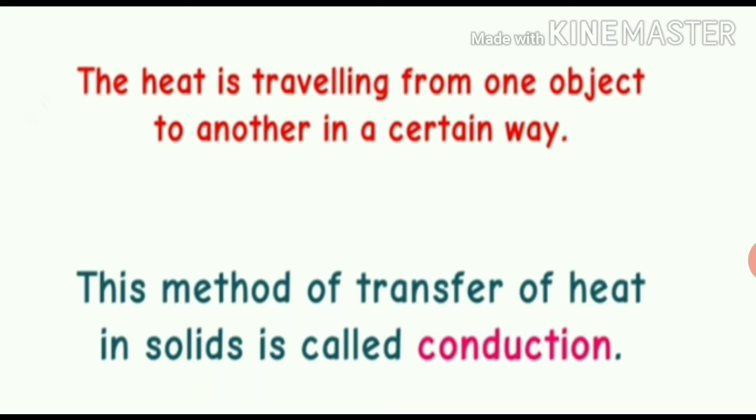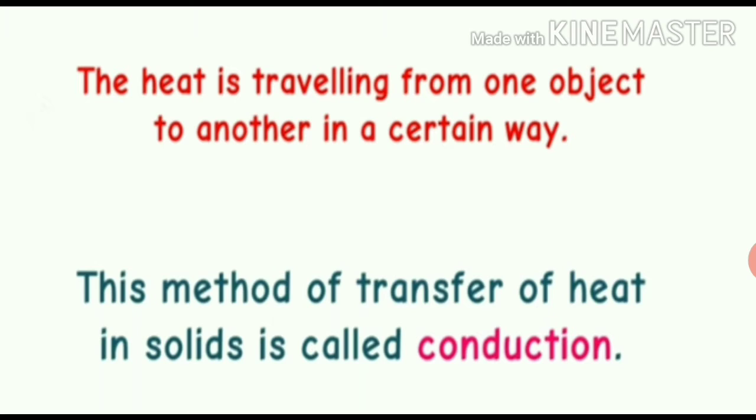We know that matter is made up of tiny particles called atoms and molecules. You learnt in earlier classes that in solids the particles are very tightly packed and they cannot move around freely. However, they can vibrate about a fixed point.